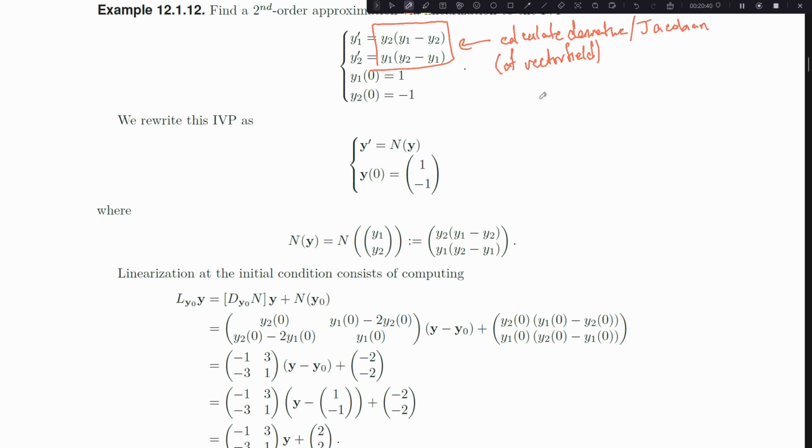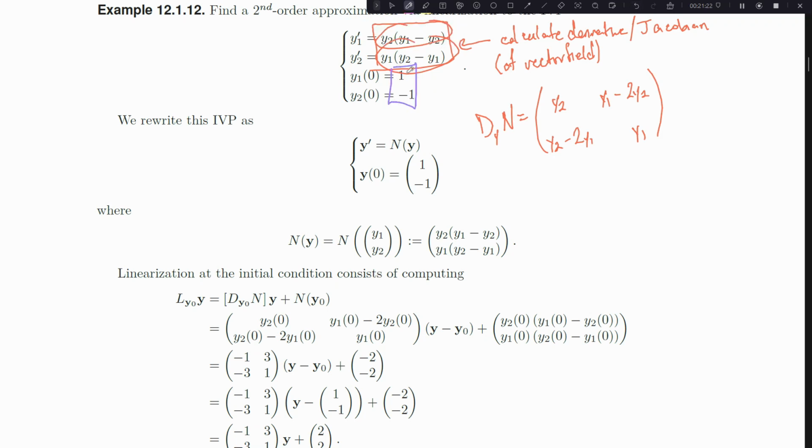So the Jacobian matrix here will be partial y1 there, which gives me y2. Partial y2 there, which gives me y1 minus 2y2. Partial y1 here, which gives me y2 minus 2y1. Partial y2 here gives me y1. So this is d sub y of n, the Jacobian matrix. If I want to evaluate that at the initial conditions, maybe I'll use a new color here.